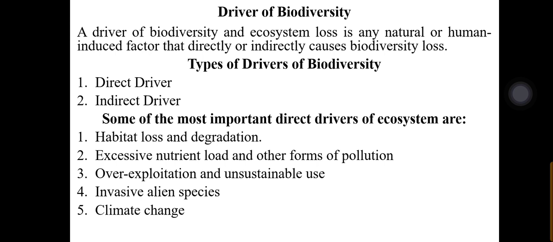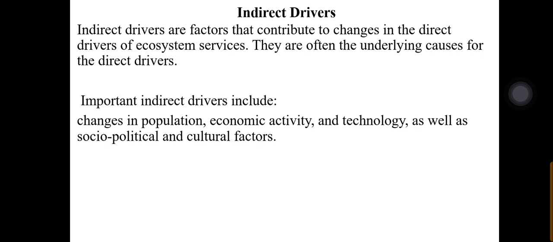Of course, when we keep on doing real estate, modernizing everywhere, we'll have climatic problems because there will not be enough trees or greenery to ensure that the environment is being kept safe, because these plants actually do a lot of work for us. Then we'll talk about indirect drivers.